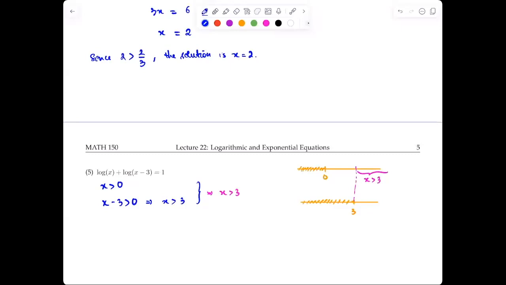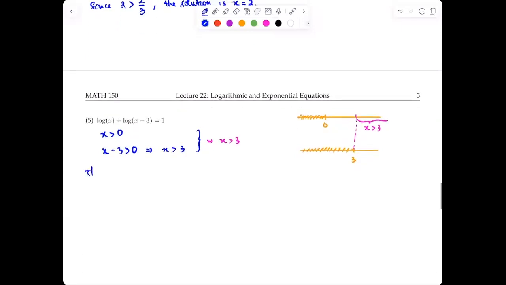The next step for number 5 is to combine the left-hand side together. So this is very similar to problem 3 that we just did. You apply the product property, turn this into log of x times x minus 3 equal to 1.